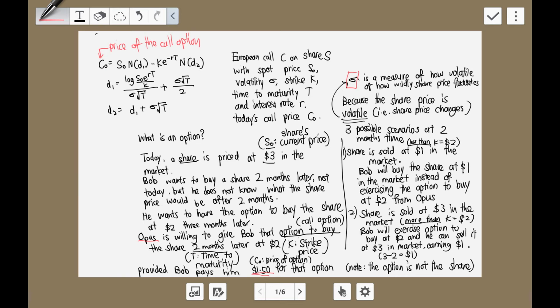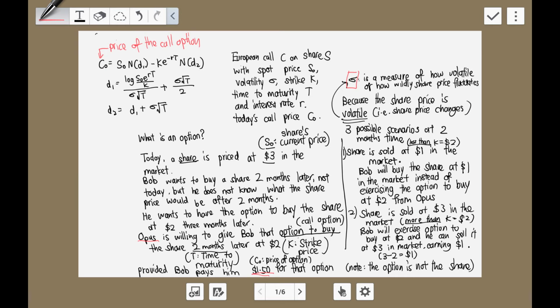So he will not exercise. He will just buy it from the market at $1. So in this case, the loss made by Bob overall is $1.50.